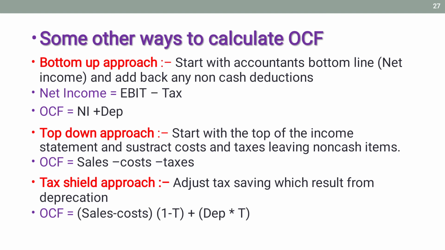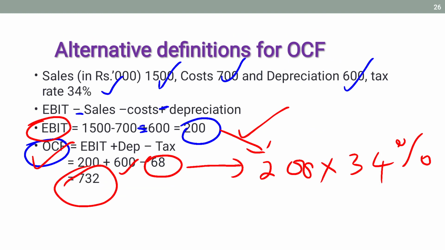Okay, let's do the previous example using these three approaches. Bottom up approach is the first. How do we calculate net income? Net income is equal to EBIT minus tax. EBIT we found is 200.